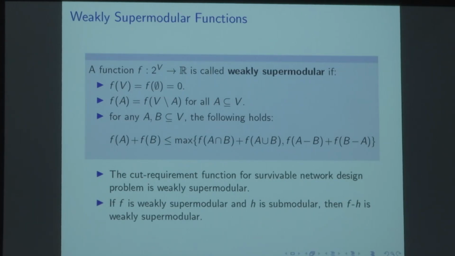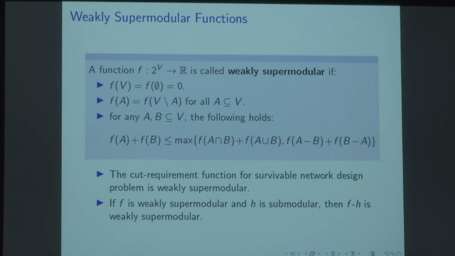All right, so in the rest of the talk, I'll try to give a brief overview of how we prove this result. I'll have to introduce a few notations and definitions. We say that a function f is weakly supermodular if the function value on the empty set and the full set is 0, it's symmetric, and f(A) + f(B) is at most the max of f(A ∩ B) + f(A ∪ B), or f(A \ B) + f(B \ A).